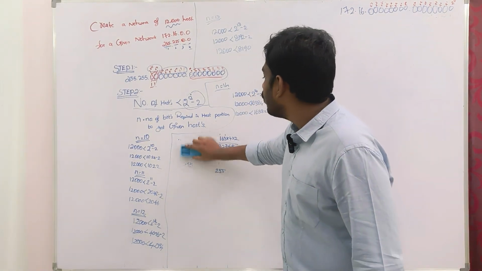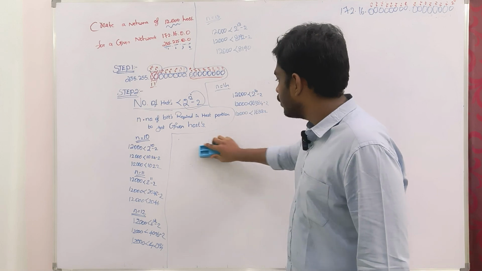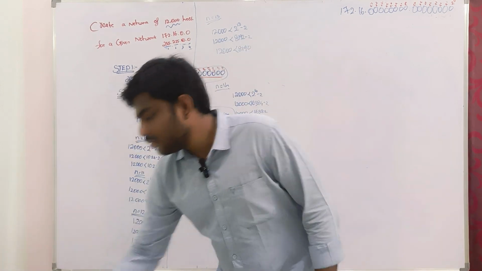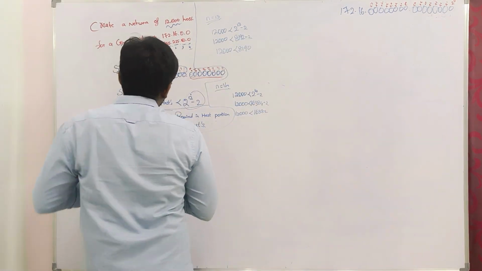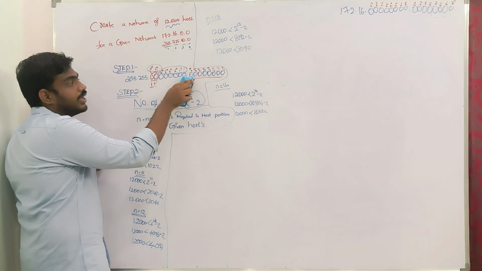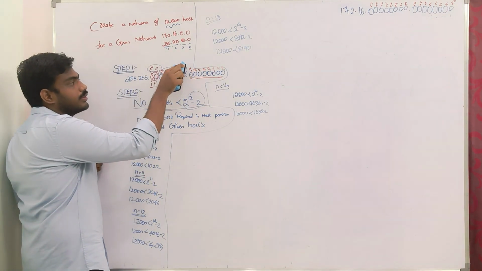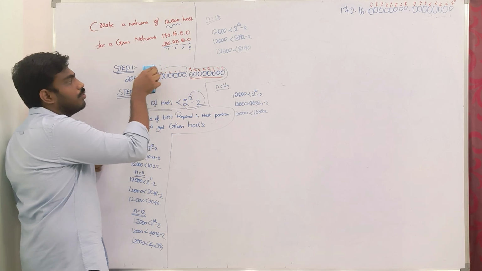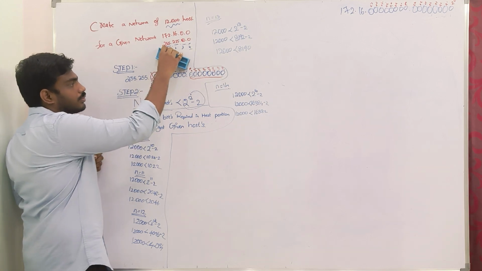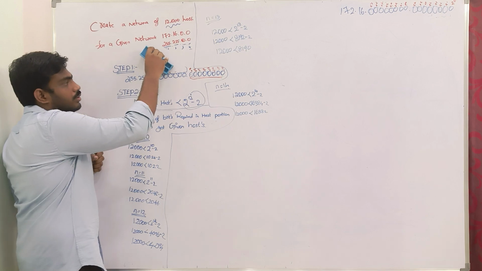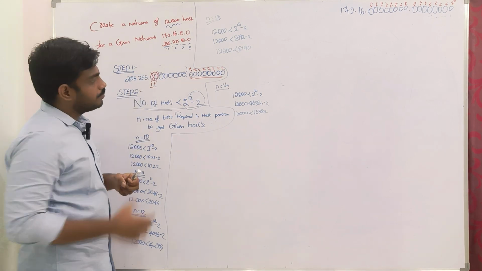You just erase all this. So what should you write here? Please never start with 2 power 8. Erase all these things.